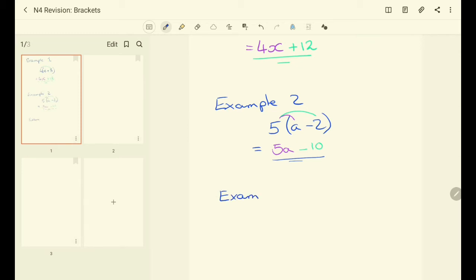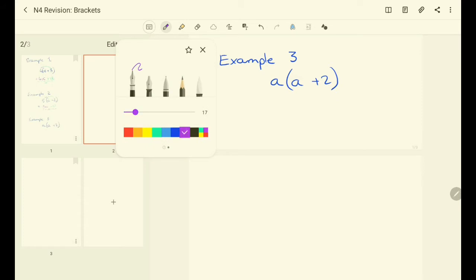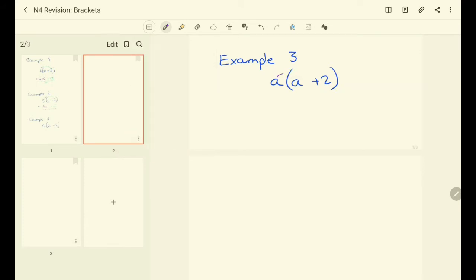In this one, we'll be looking at what happens when there's a letter on the outside. So when there's a letter on the outside, it might look something like this: a bracket a plus 2. So we need to multiply, first of all, that a on the outside by the a on the inside. And that will give us a squared.